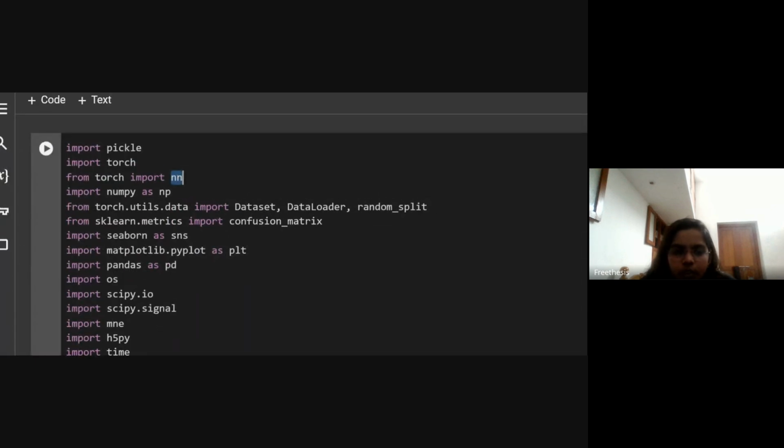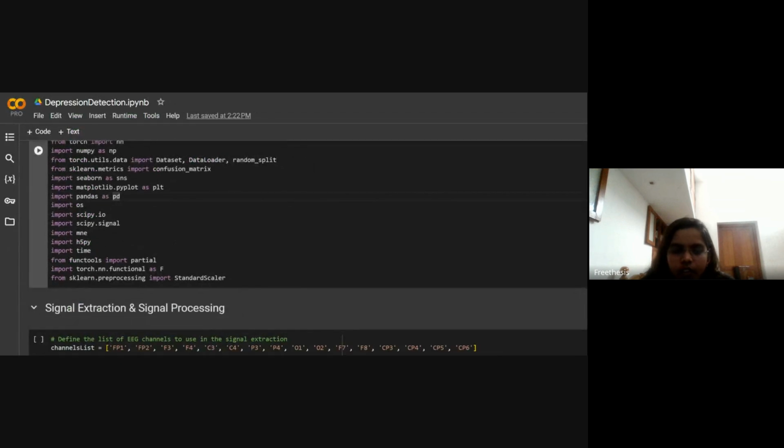After that, we use NumPy and Pandas for basic mathematical operations, Matplotlib and Seaborn for visualization, and sklearn to evaluate the performance of the model. We have also imported the MNE library for decoding the EEG data.